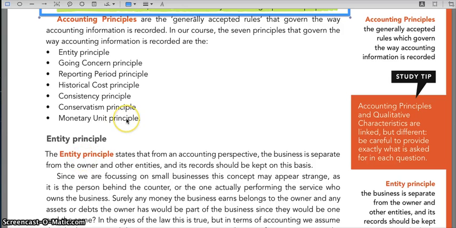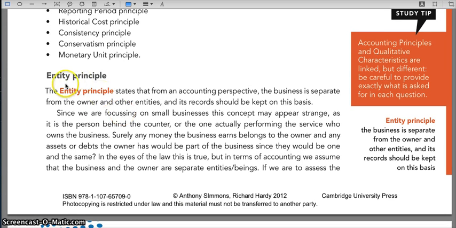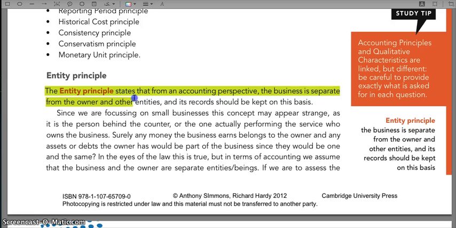7 accounting principles. The first one is the entity principle. The entity principle states that from an accounting perspective, the business is separate from the owner and other entities, and records should be kept on this basis.